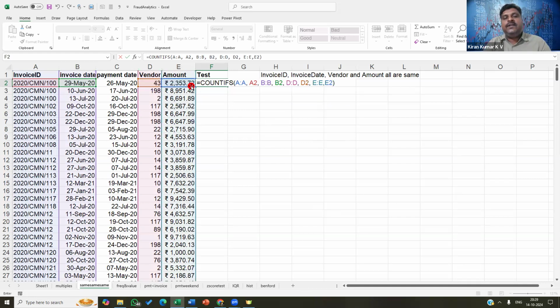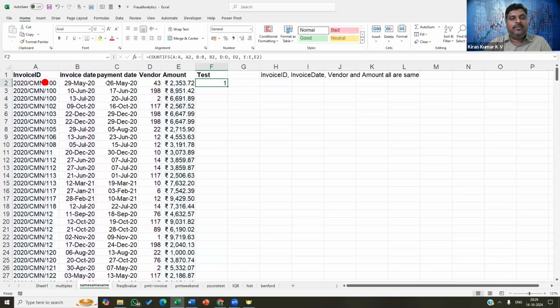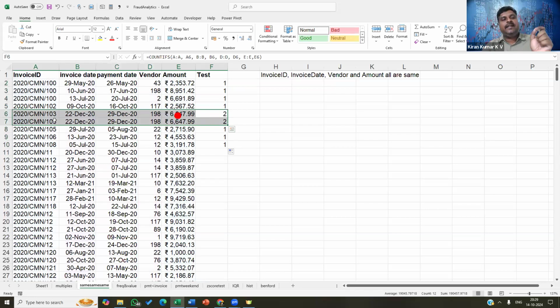So this will count and tell me how many times a transaction with the same invoice ID, invoice date, vendor code and amount appears. So you see this particular combination appears only once. Like this, you see here, it's saying that this particular transaction with the invoice ID, invoice date, vendor code and amount is appearing twice. Sometimes it might be three also, right?